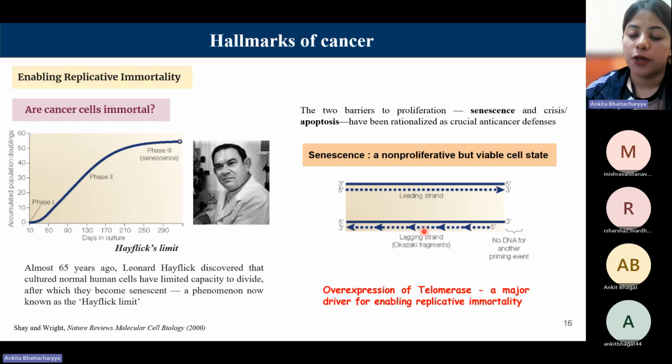Telomerase is expressed in normal cells as well. Telomerase is an enzyme. What does it do? It takes care of the ends of the genome by adding telomeres, and it maintains the length of the genome.